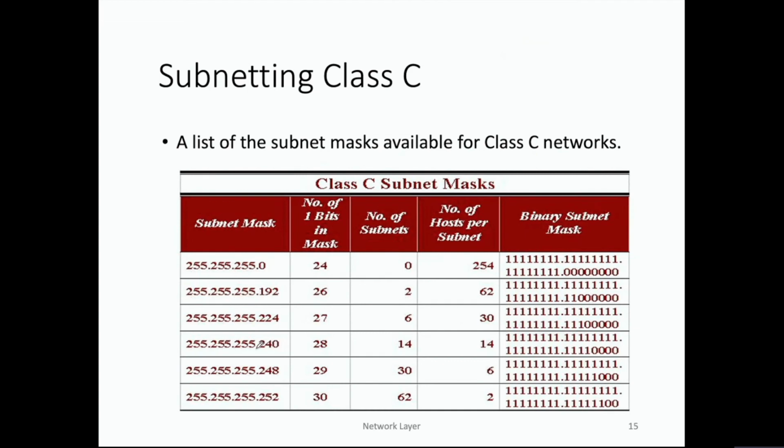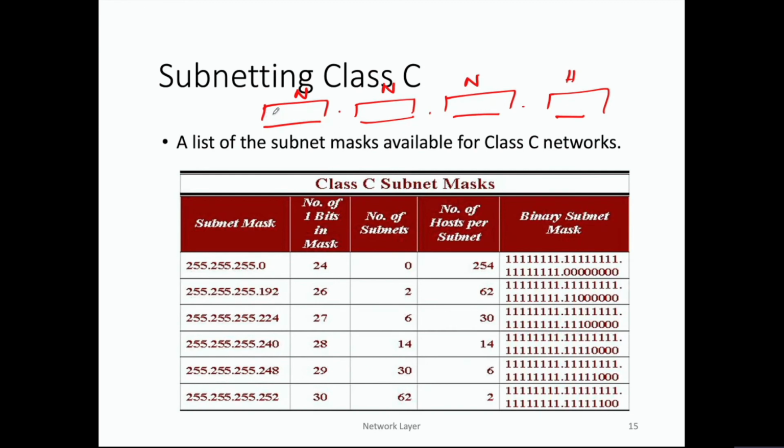Similarly, in class C, this is the default arrangement, since we know that in class C, the first 3 octets represent the network portion, and the last octet represents the host portion. If I have to calculate the subnet mask, what will I do?